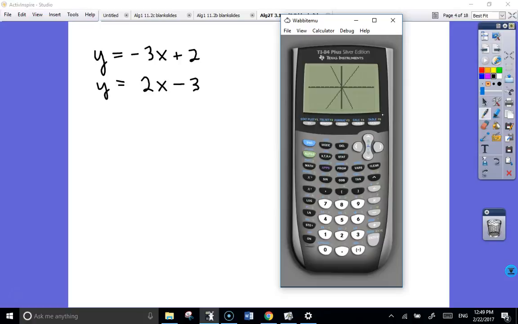Yeah, zoom 6. So here, I'm going to do this because I don't like the way that looks. Zoom is the middle button on the top, and 6. And now that's a little more like what I expect to see. That's usually what you see when you turn on the calculator.